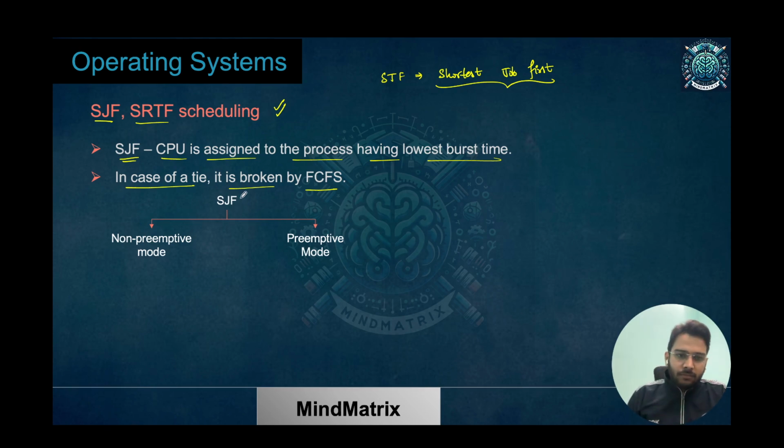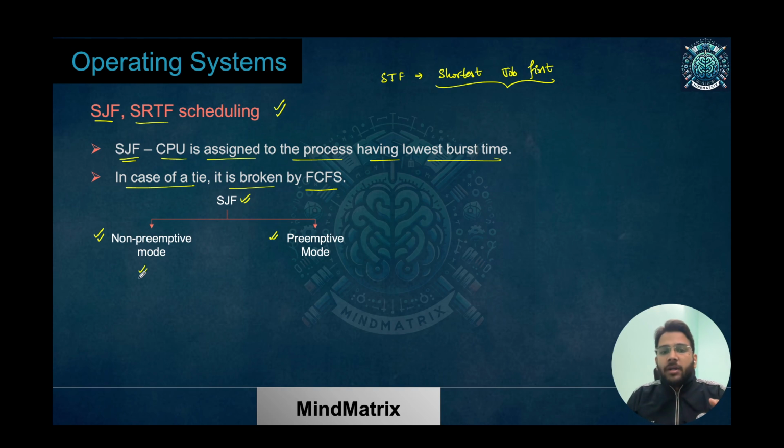Now, SJF has both modes, non-preemptive mode and preemptive mode. In non-preemptive mode, simply by seeing the burst time of the processes, you need to find the lowest burst time. The process which has the lowest burst time, you assign the CPU to it and execute it first.